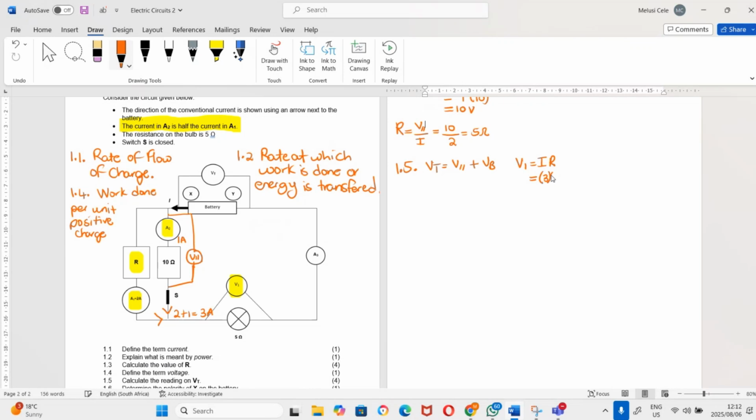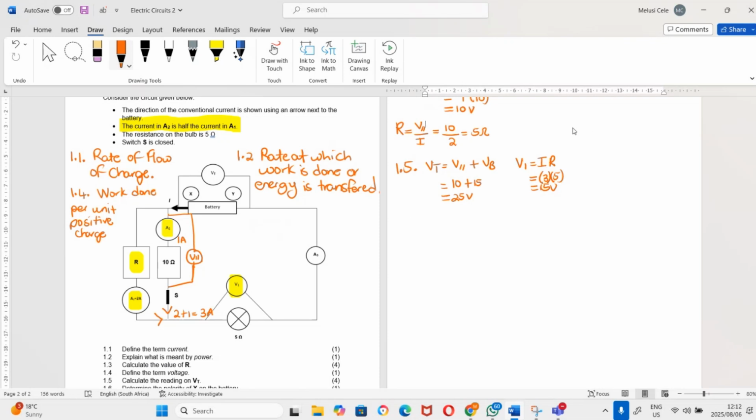So that is 3 multiplied by 5, and that gives us 15 volts. And so if we take the 10 volts over the parallel section of the circuit and add that to 15, we then get 25 volts. Then that would be the total voltage that is supplied by the battery.